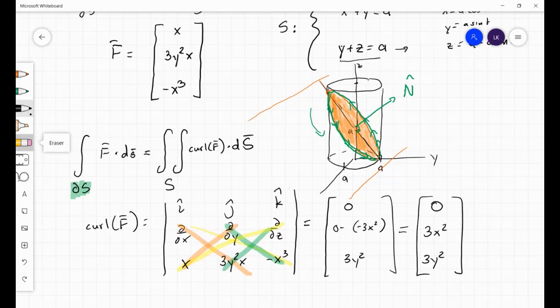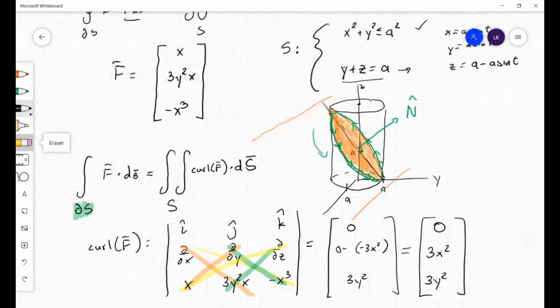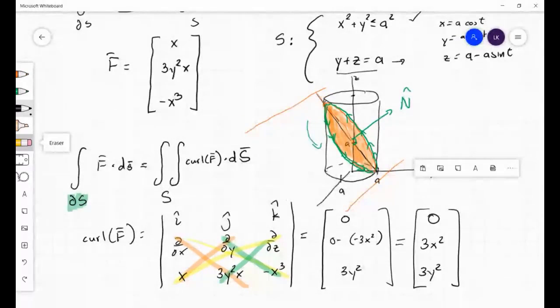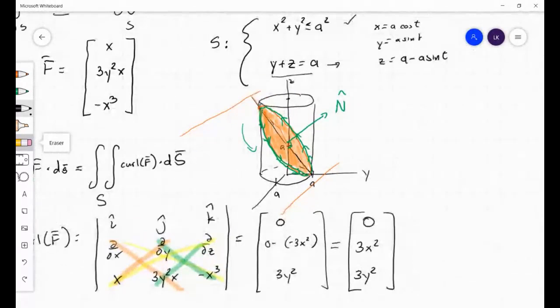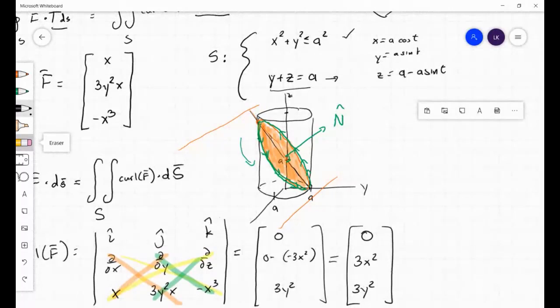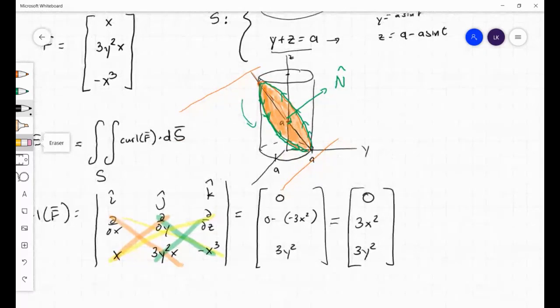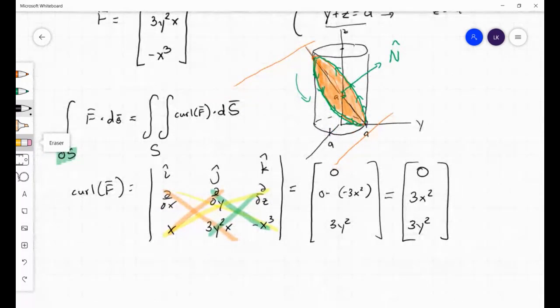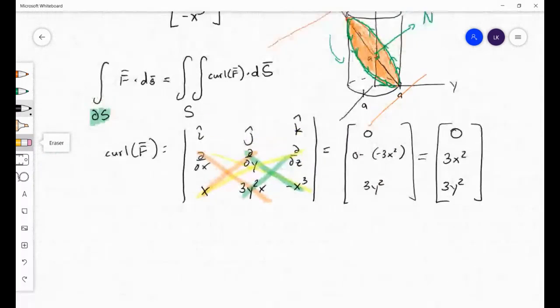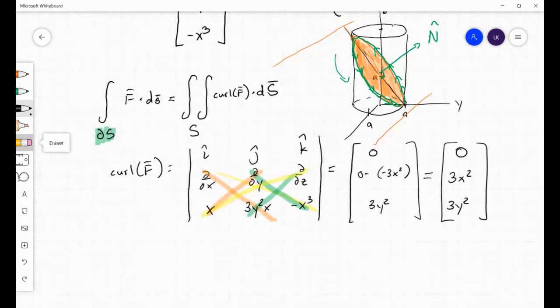Now, if we want to do the surface integral, of course, we have to parameterize the surface. Think of it as first parameterizing this disk. So here's a parameterization of our orange disk there. This is going to be easier than I made it out to be.